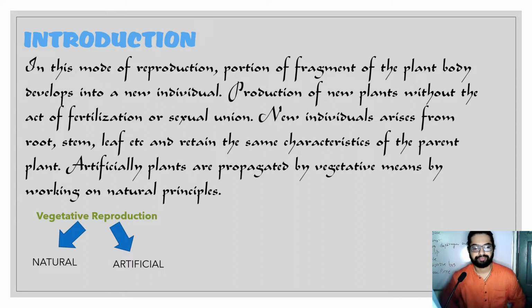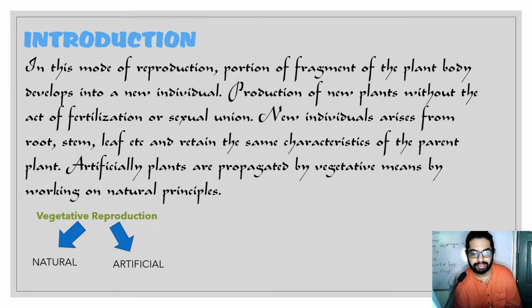So to say about the vegetative mode of reproduction, here any vegetative plant part or fragment or portion of the parent plant, like the root, stem or the leaf of the parent plant, develops into a new plantlet.